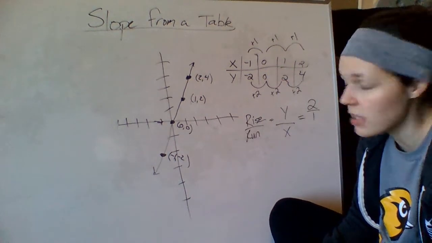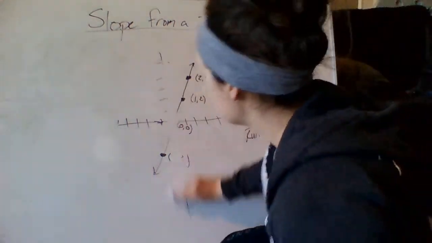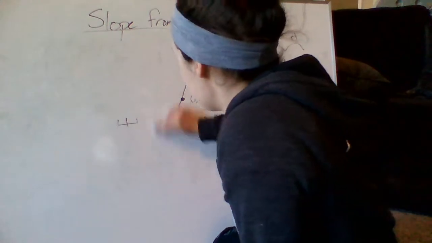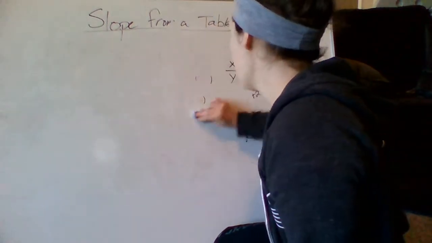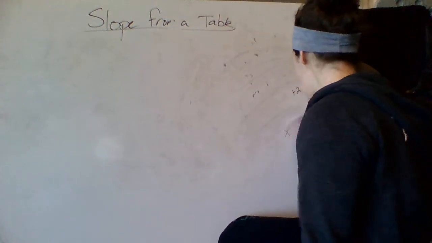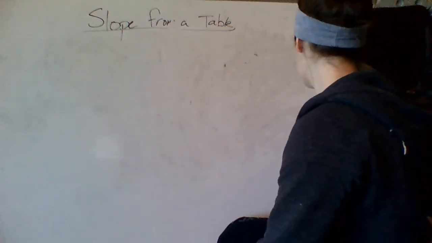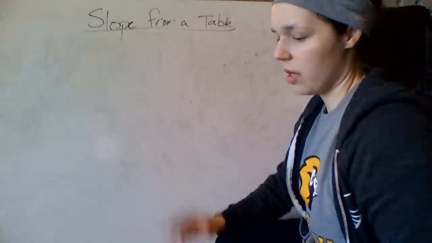And I'm going to give one more example without the graph this time. We'll go over this again our next class period, but I want to show you without the graph, and then I'm going to graph it and show you. We're going to stick with a horizontal table for today.